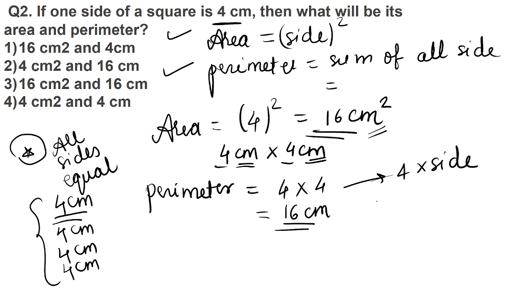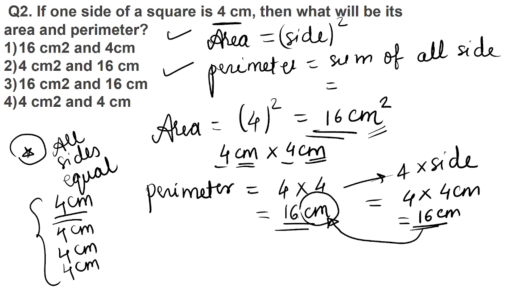It is not 4 centimeter into side, it's 4 into side. So 4 into 4 centimeter will give me 16 centimeter, not 16 centimeter square. Hence the unit for perimeter will be simply centimeter.